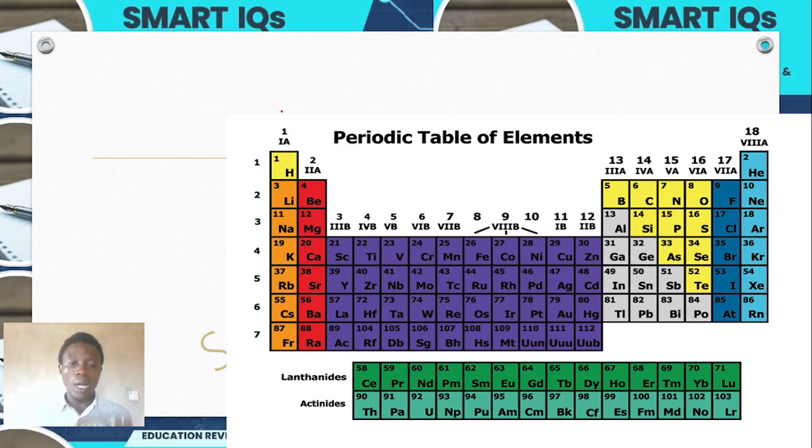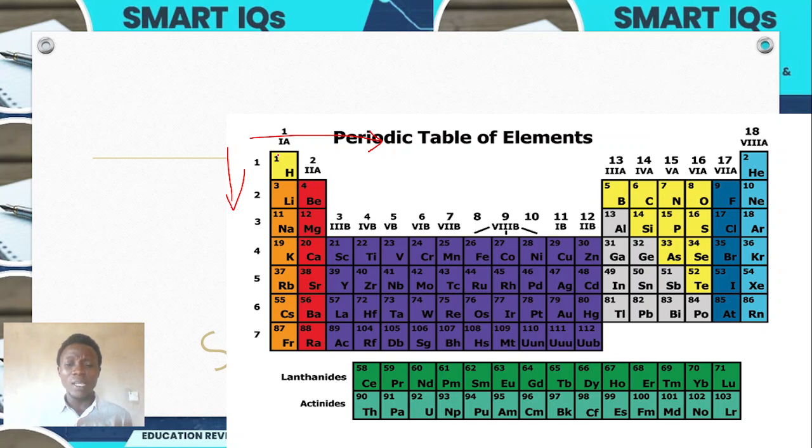I've talked about a group. A group goes down like this, so vertically is known as group. Those ones are like this, that is horizontal, and that is known as the period. I talked about how we have more than 100 elements.